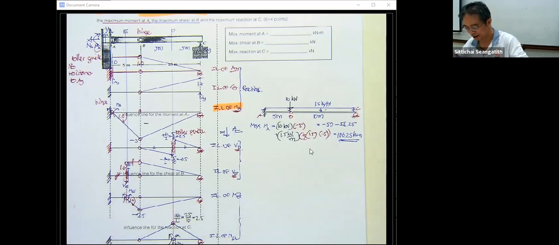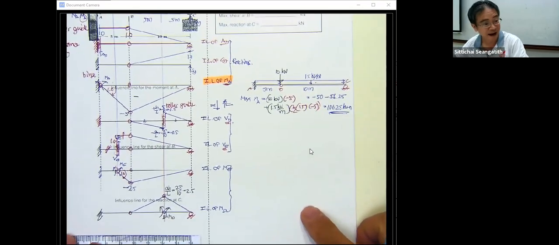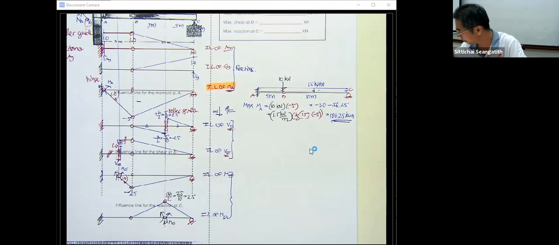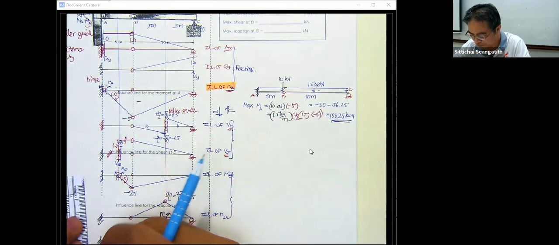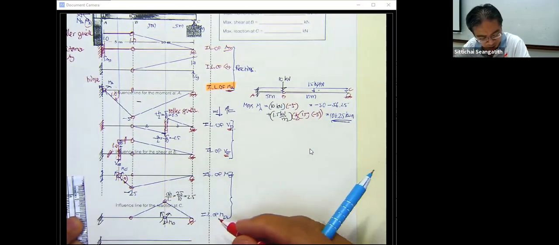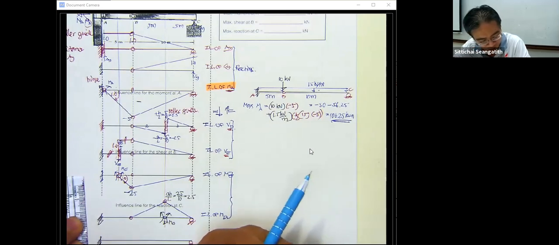Okay, don't worry. Just put the influence line of the shear force at point B. Let me put it over here. V sub B. We have this one for the fixed, and this one for the roller.